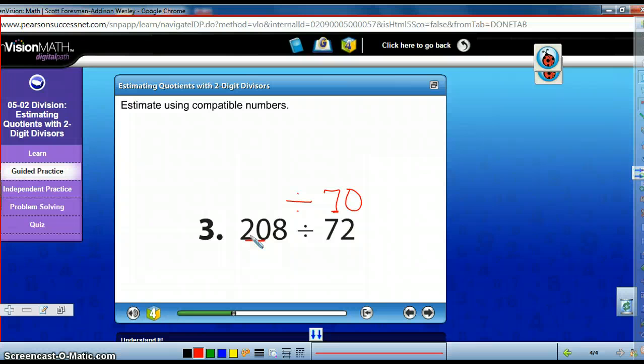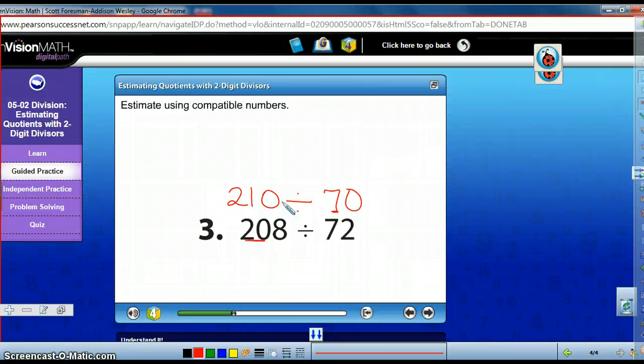What's the basic multiplication fact? 7 goes into 21. It doesn't go into 20, but it does go into 21. And so we need to make it into the hundreds place, and so we add a 0. Now it went from 21 to 210.